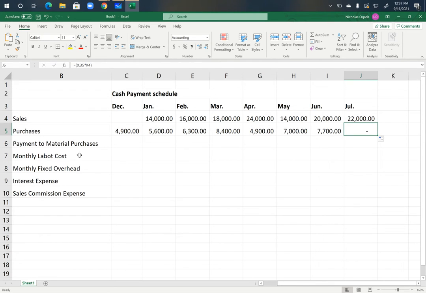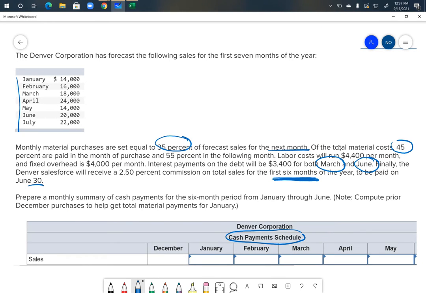Now, for the payment of material purchases, see what happens in terms of payment. Of the total material cost for the month, 45% are paid in the month of purchase and 55% in the following month.